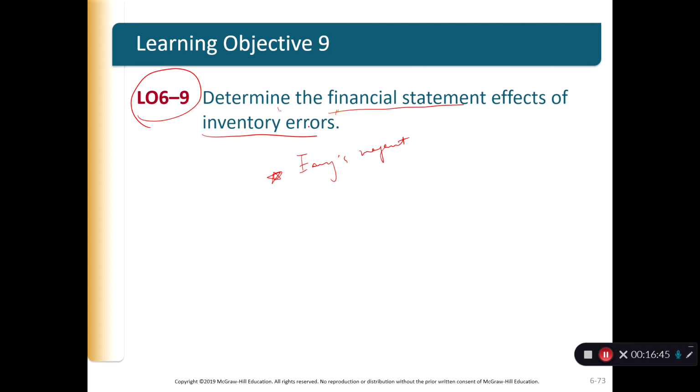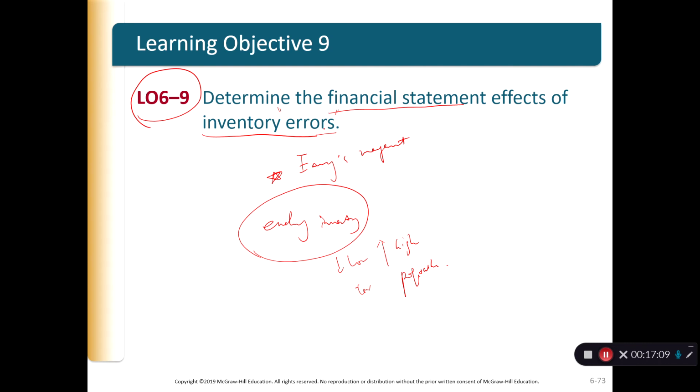In those papers, people manipulate the ending inventory number to make it either low or high, depending on their purpose, either tax purposes or profitability purposes, right? So that way the error is carried to the future period.